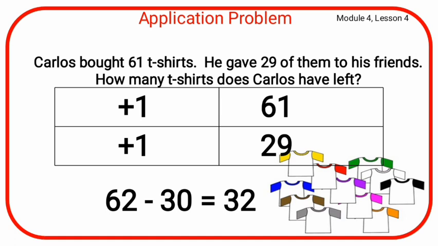It's easier for me to subtract 30 from 62 than thinking of how to subtract 29 from 61. And 62 minus 30 is what? 32. You don't need to think too far when you're using these strategies.